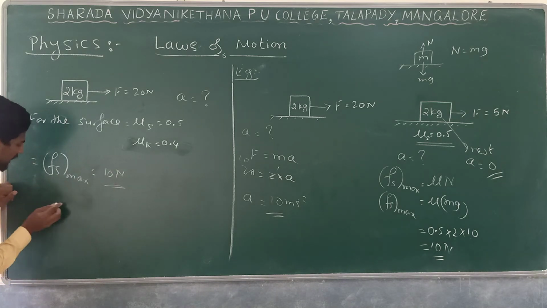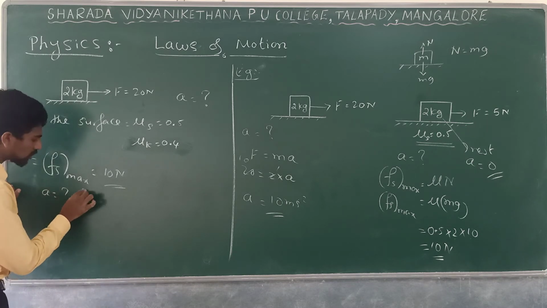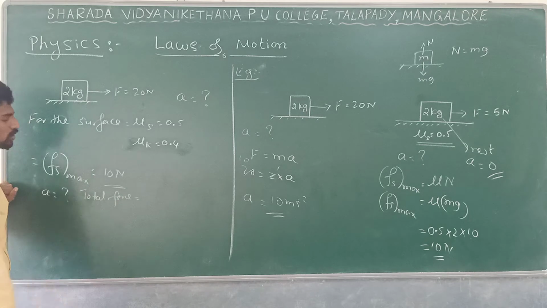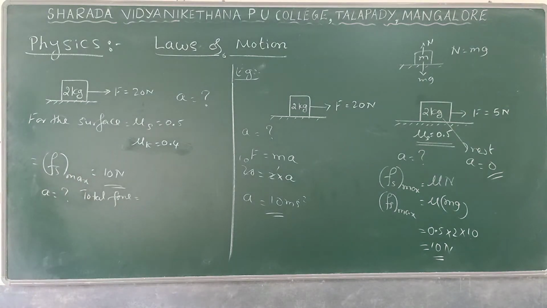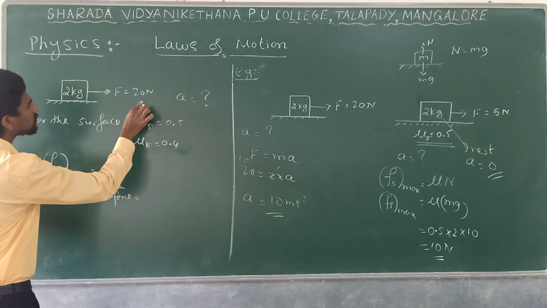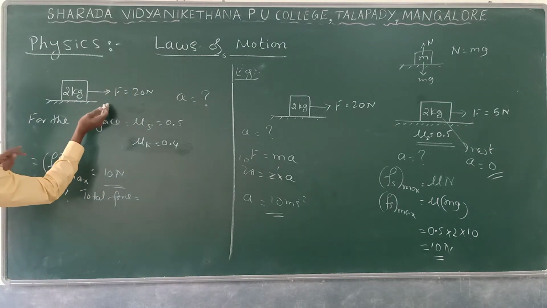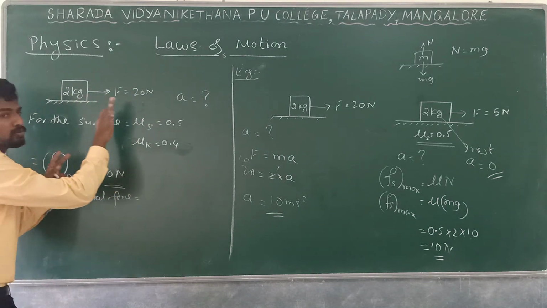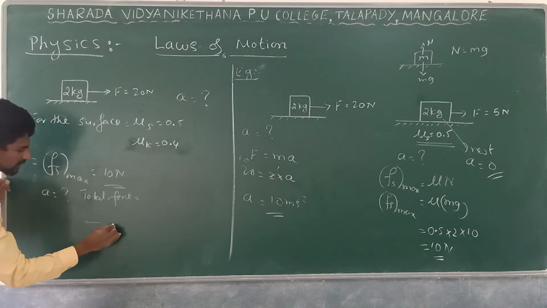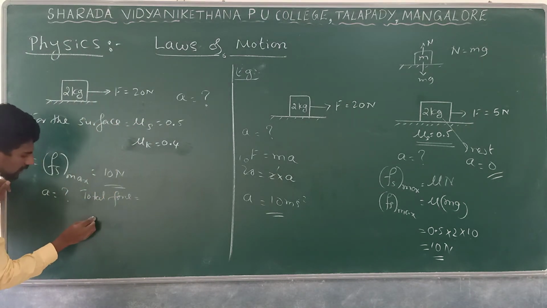So if you have to find the acceleration, what do you want? You want the total force. Total force means in this direction, how much force is acting? 20 Newton. In the opposite direction, since it is moving, what is there? Kinetic friction. Applied force is in this direction.